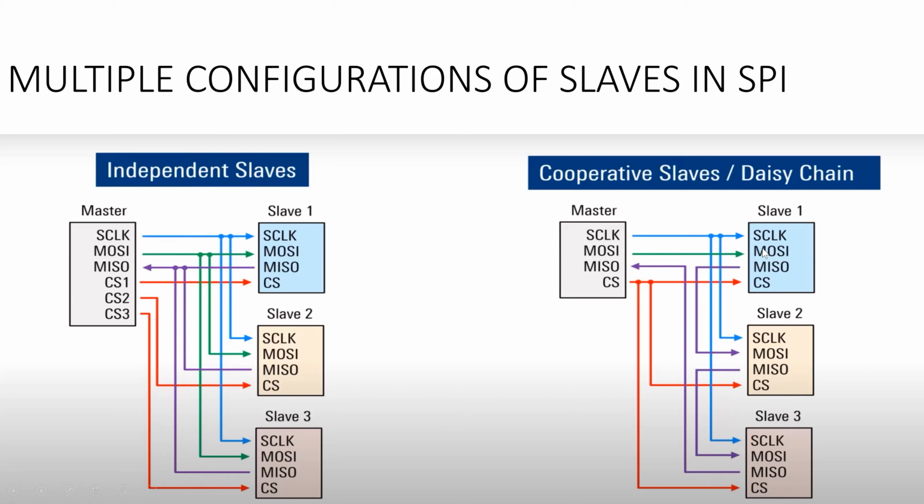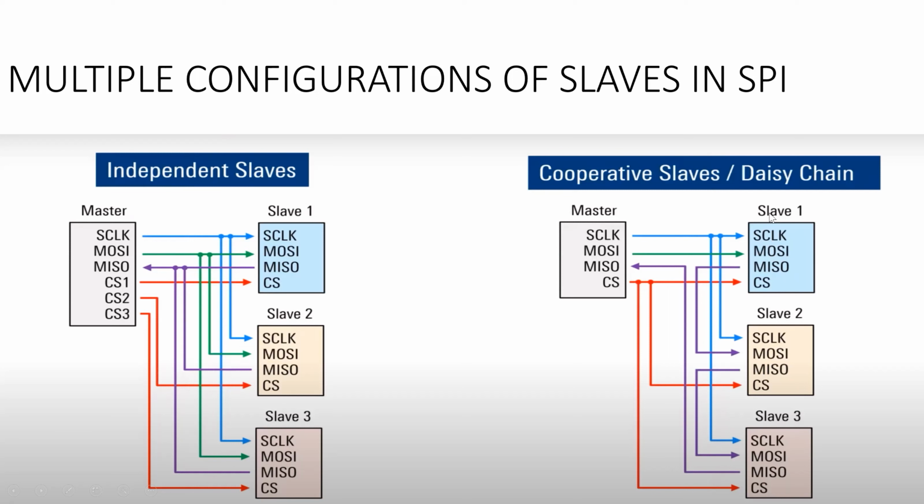If you want to transfer any data between the slaves, the connection will be like here. MISO means master in slave out. Suppose it has to transfer data from there to here, and then it will transfer data to the master. In these cooperative slaves, every slave cooperates in the connection between the slaves and the master. If this slave communicates with the master, it simply receives the data from the master.